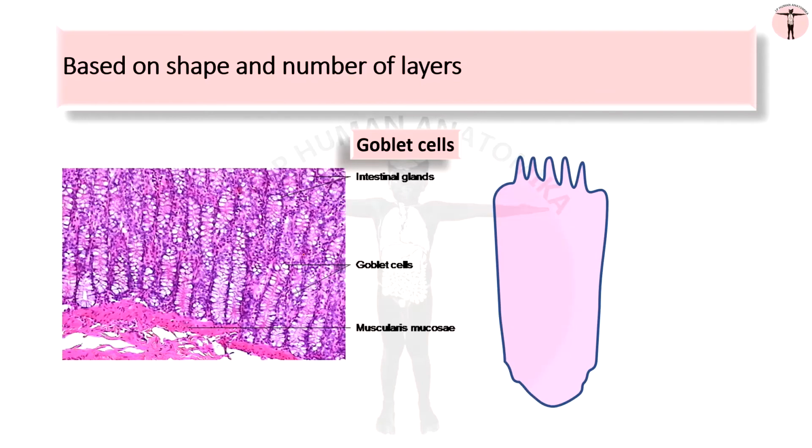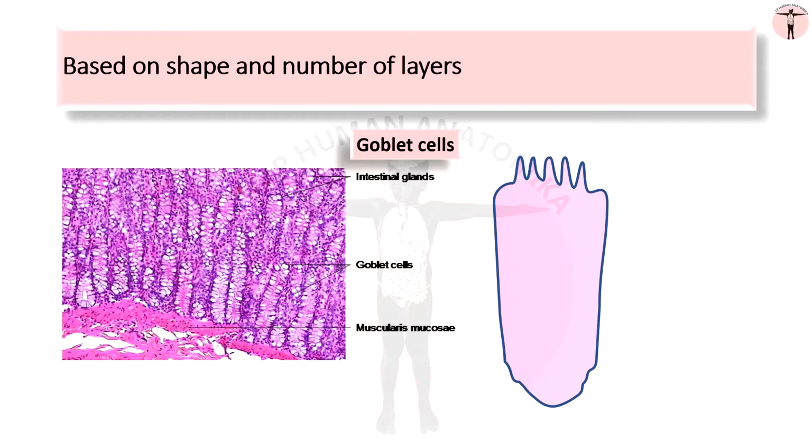Along with the columnar cells in any part of the body, goblet cells are always associated. The number may vary; it might be numerous in some parts and less in others.